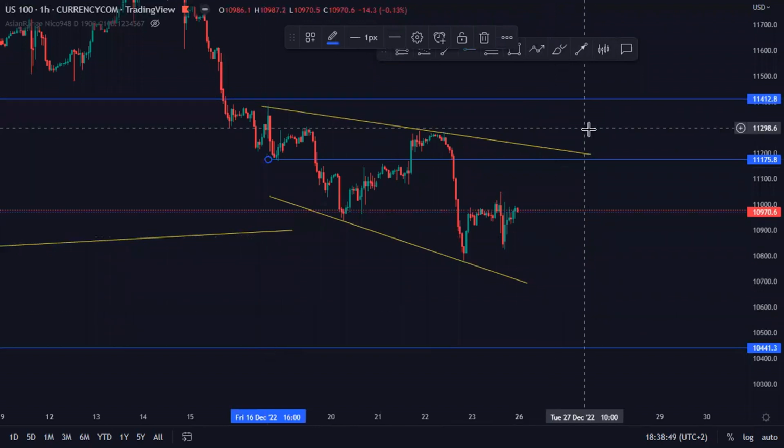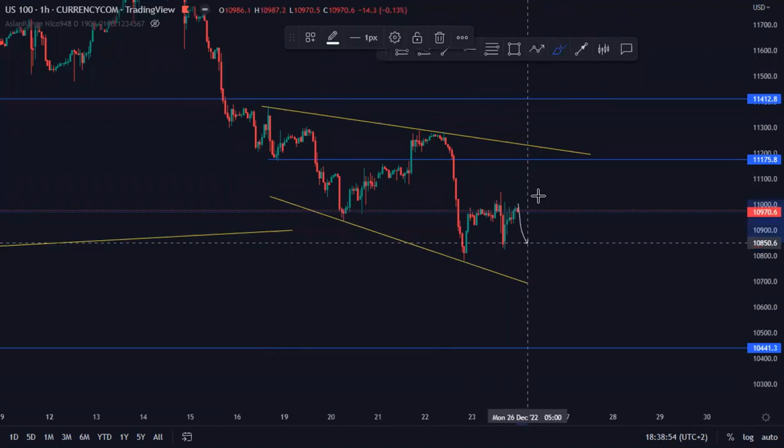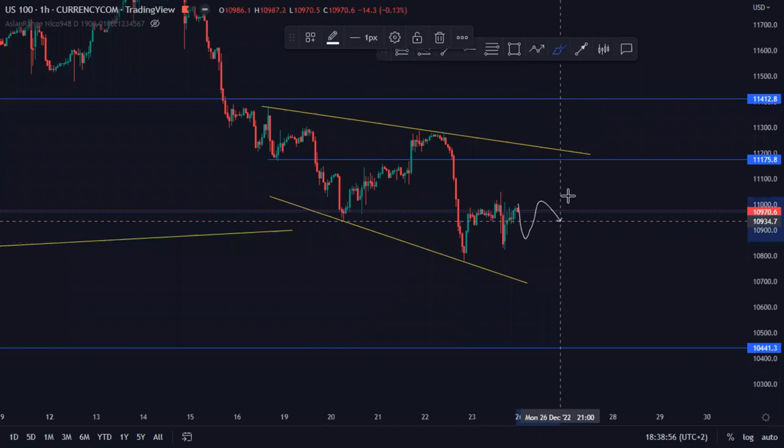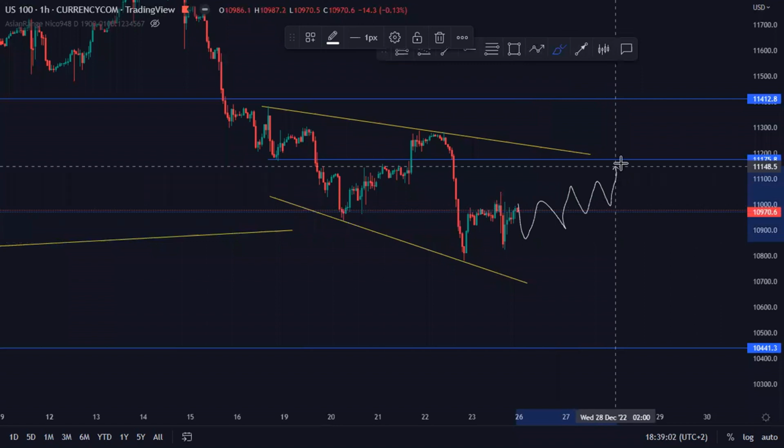So what we are expecting, or what we can anticipate, is for price to give us something that we can work with. If it gives us something such as this as a reversal, it will be very interesting.